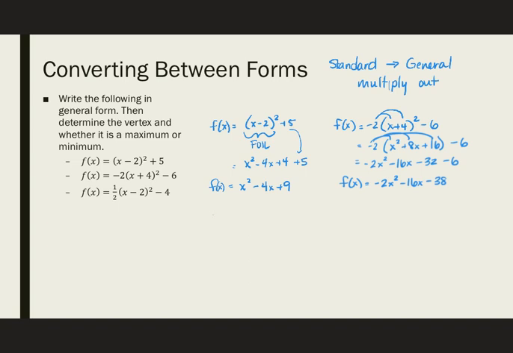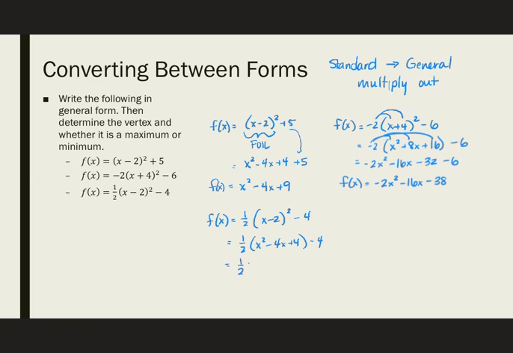Okay, that last one I've got f of x is 1/2 times x minus 2 squared minus 4. So we're going to FOIL out, distribute out that x minus 2 squared. So I end up with x squared minus 4x plus 4 minus 4.